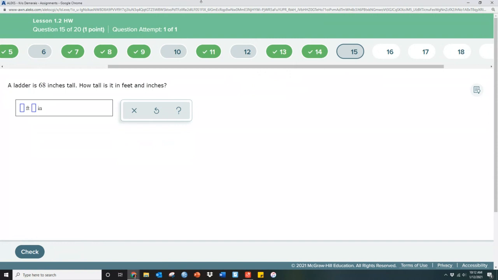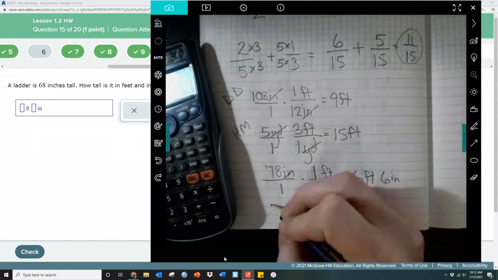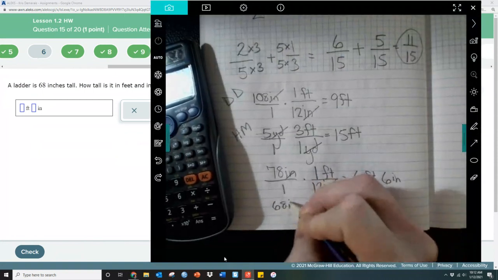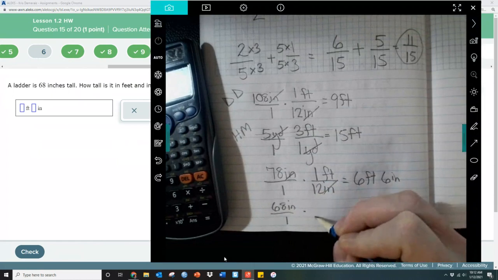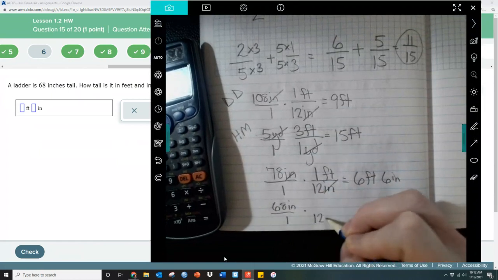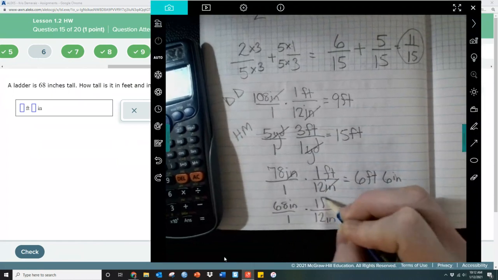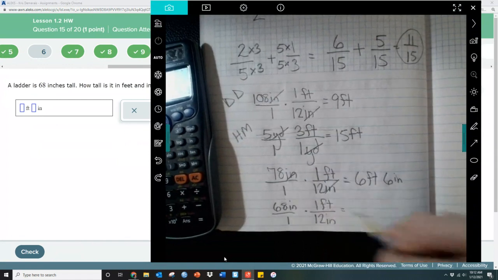So the ladder is 6 feet 6 inches tall. Again, it's a matter of doing 68 over 1 times 12 inches over 1 foot.